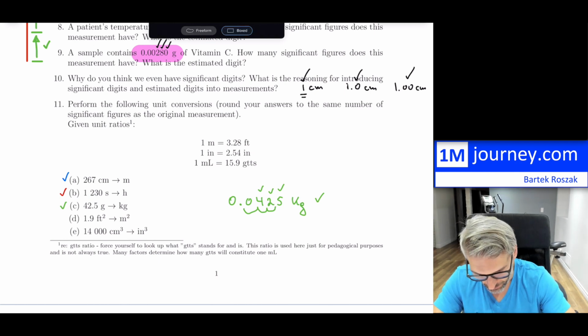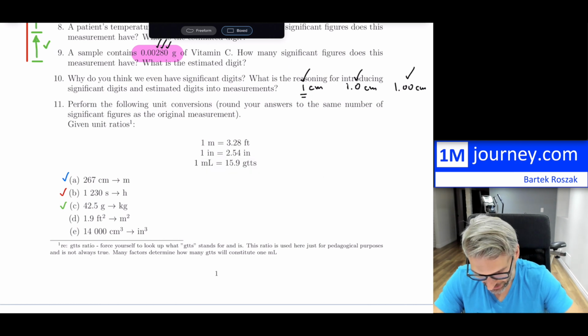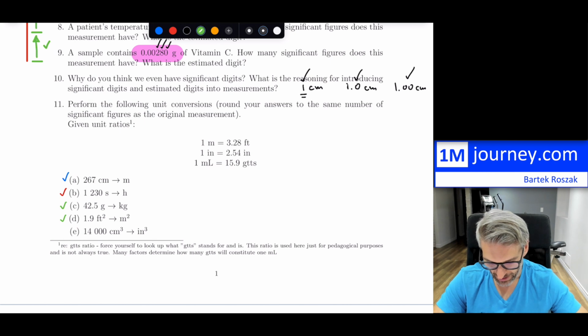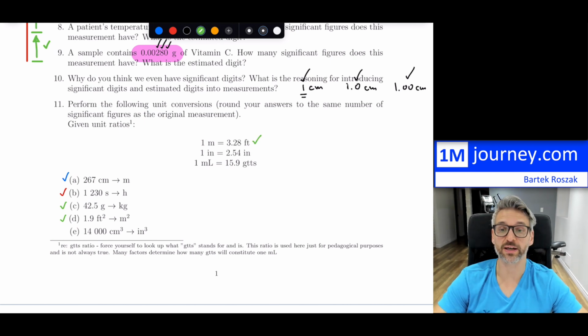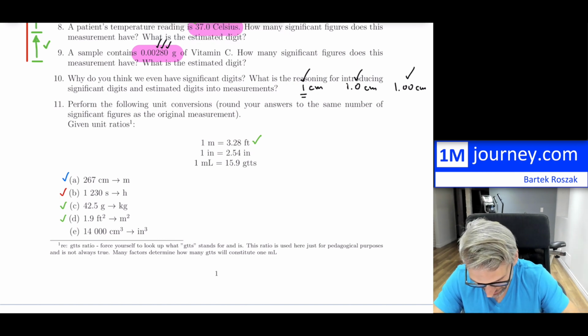All right, part D. So now we're going to some area calculation. So this is 1.9 feet. And notice right here, they're giving us the ratio. So far, I didn't use any ratios because we had prefixes and then time. Those you should know as a student. So now this is going to be 1.9, and this is feet squared.